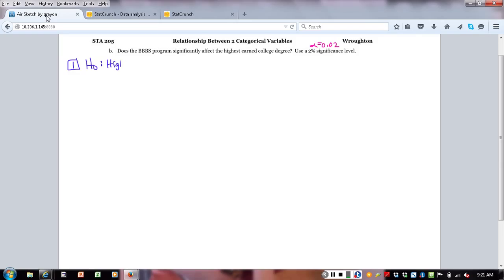So I'm going to say that my highest college degree earned by children of single parents is independent of the big brothers, big sisters participation.